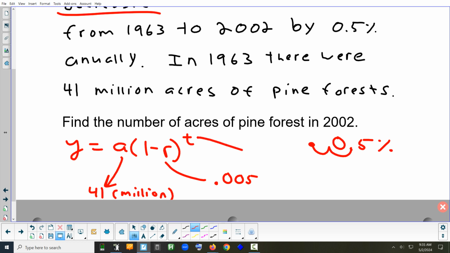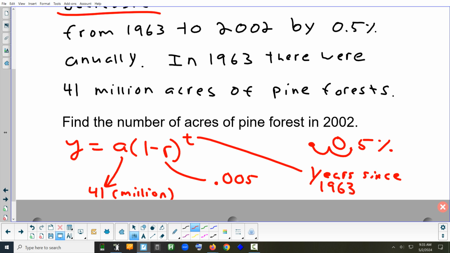T is years since the beginning. And when was the beginning? Well, for our problem, it was 1963. What year do they want us to predict the amount of forest that'll be left? 2002.